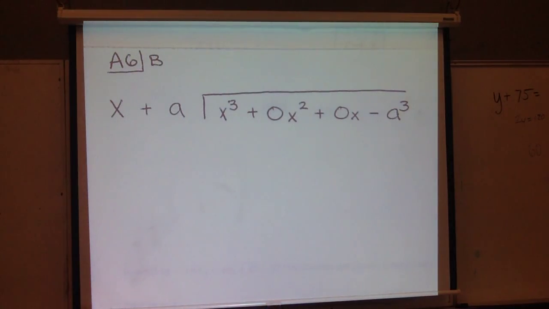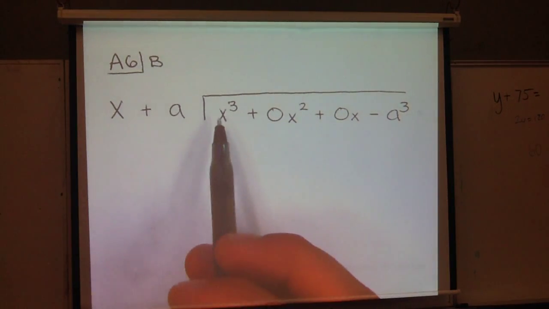So I'm using polynomial long division here to help me try and get the answer.